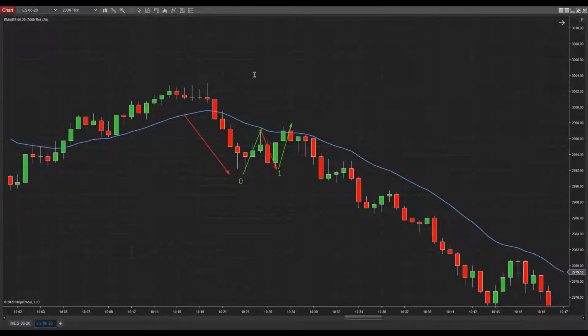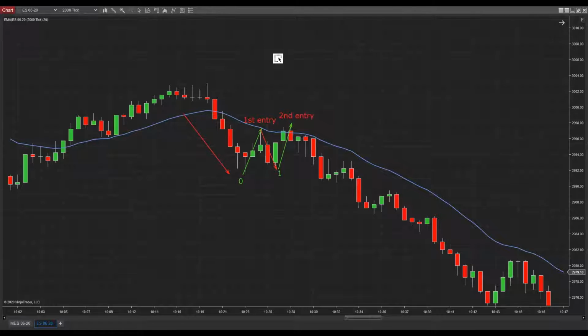And we see here, we call it the first entry. The first entry happens after one pullback, but traders are trying to enter into the second entry, which is right here. This is the second entry.